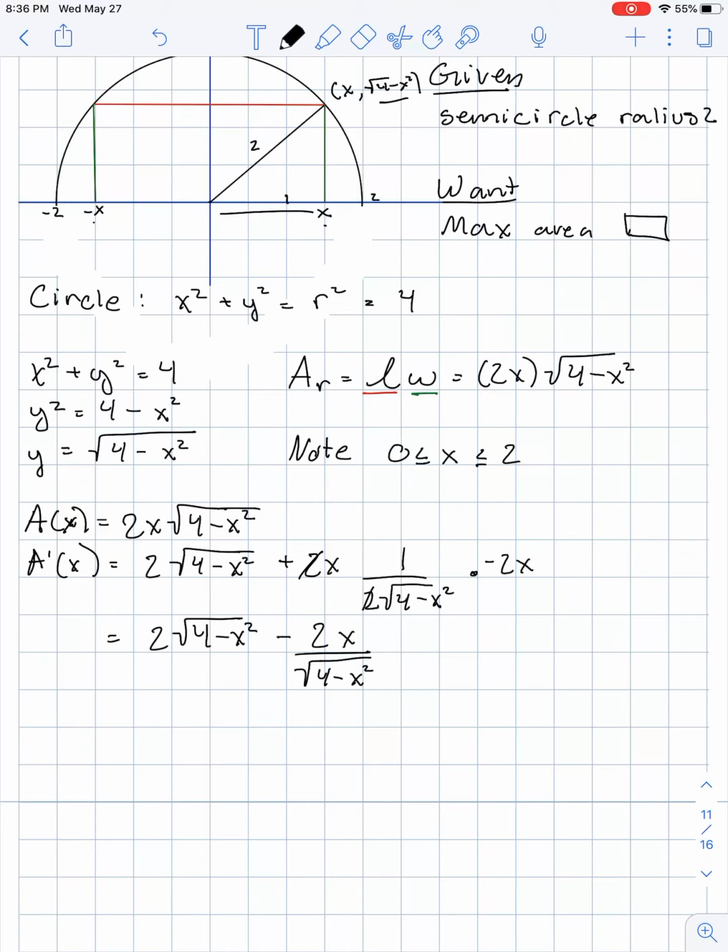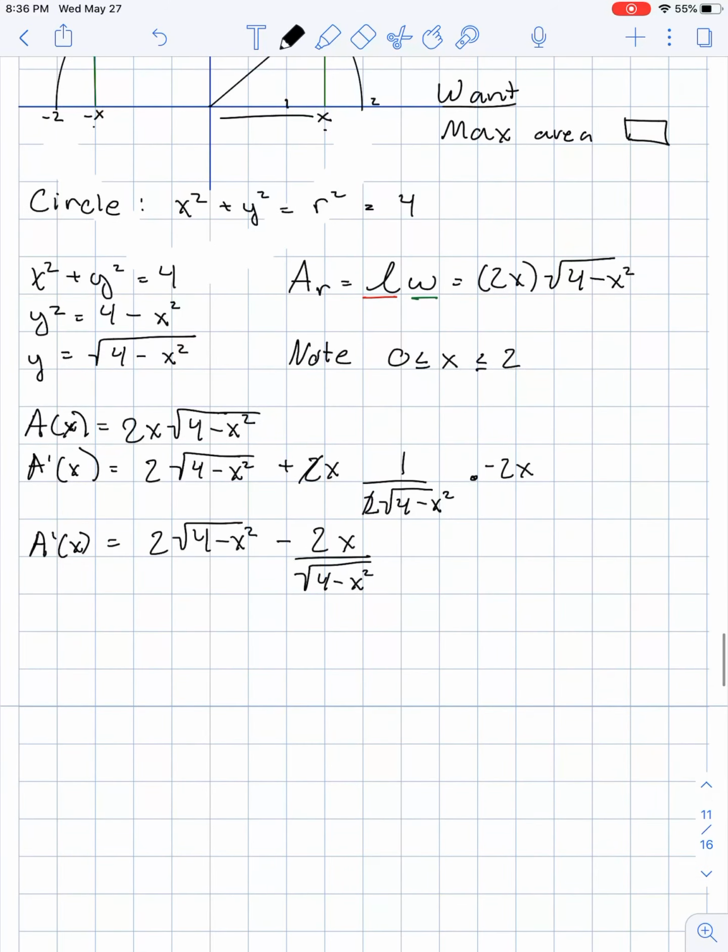So I need to find my critical points. Critical points are when the derivative equals 0 or is undefined. Notice that undefined means when I am dividing by 0 at any point in my equation.